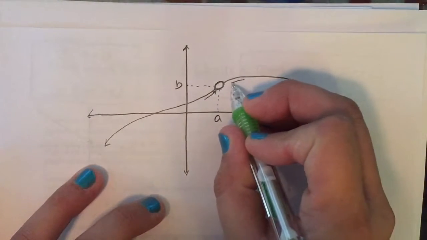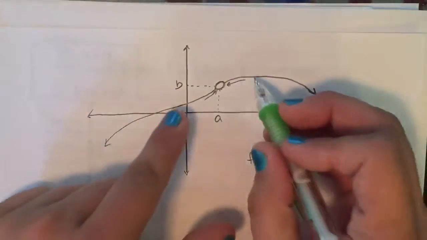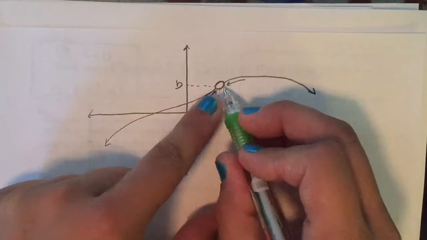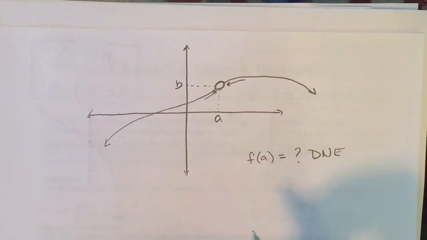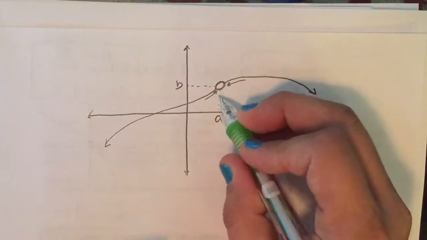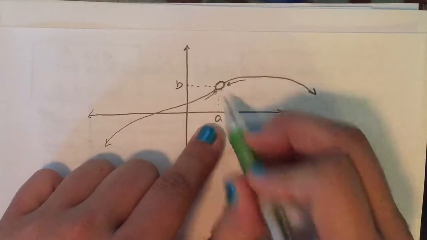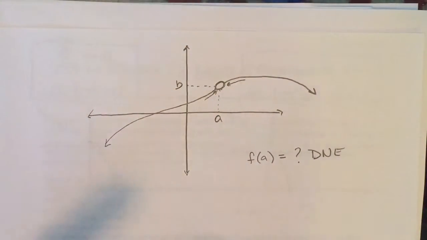And it does the same thing from this side. So it's converging towards a y value of b. It's just that somebody at that exact value of A took a small chunk out of the graph. But if the function did exist at A, it should exist at a y value of b. That should be fairly obvious.